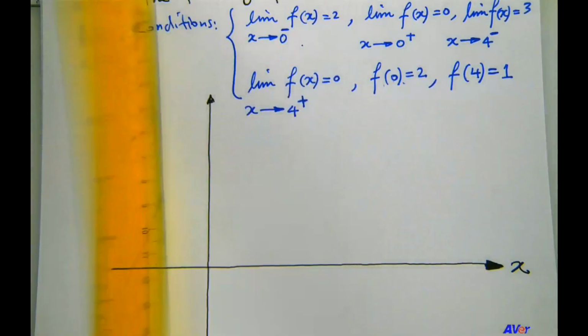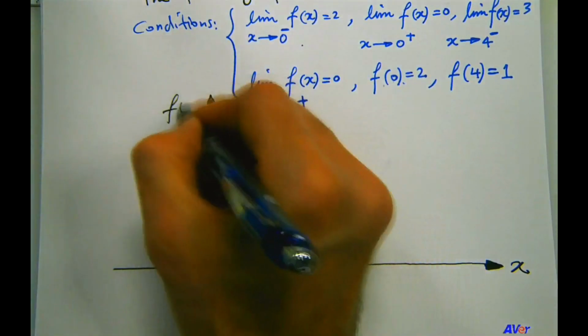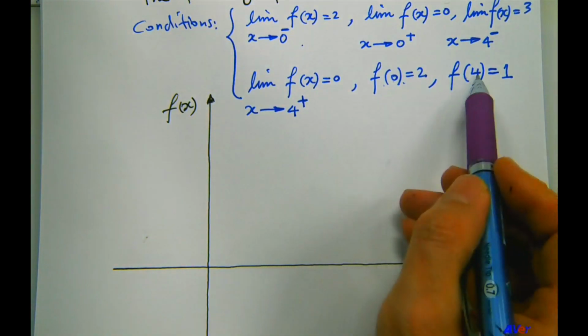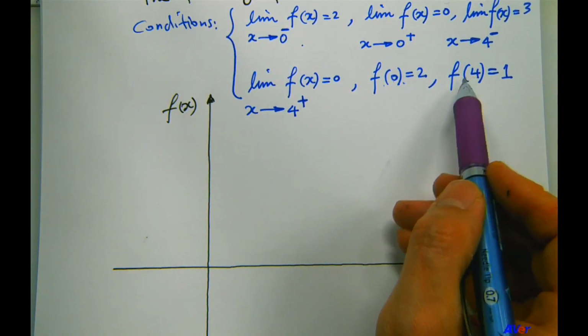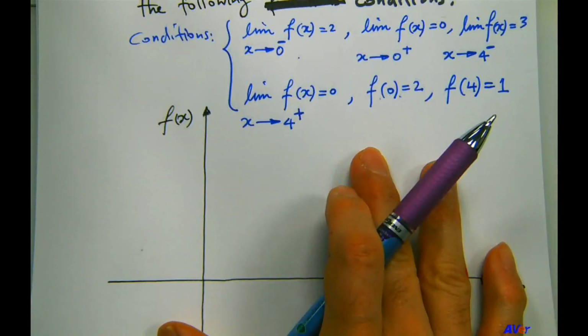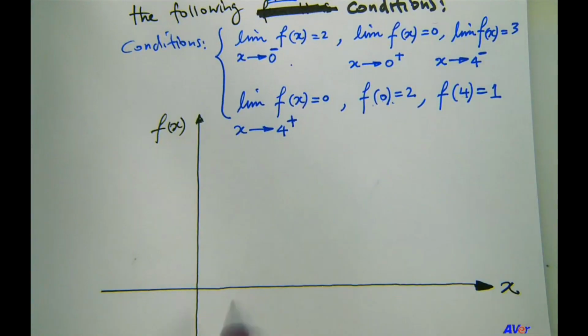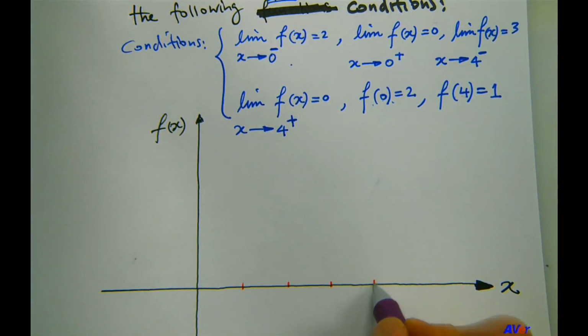And that would be our f of x. Okay, so let's increment this. Maximum x value that we have is 4. So I'm going to increment everything all the way to 4 on this axis. So 1, 2, 3, and 4.